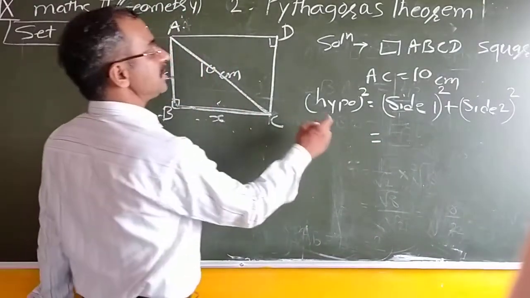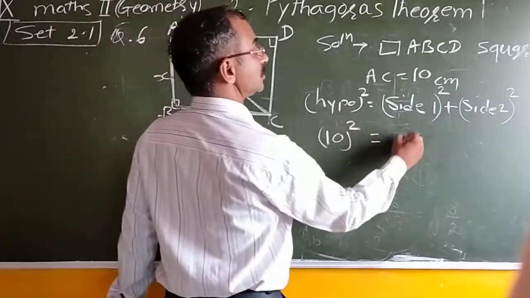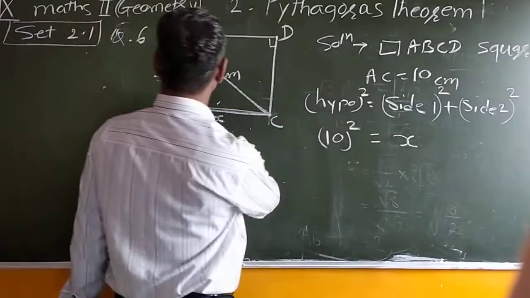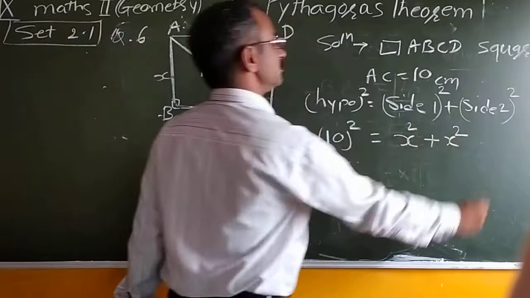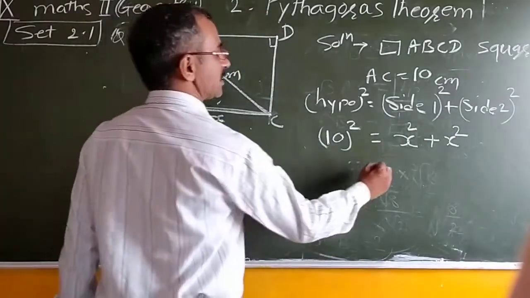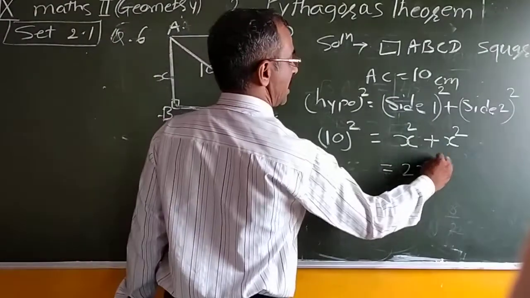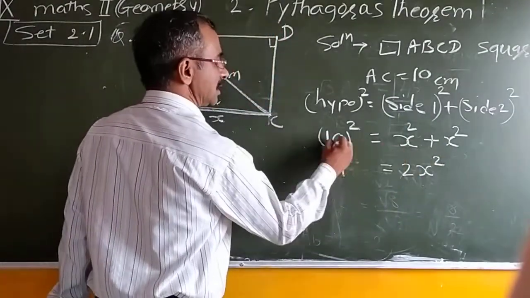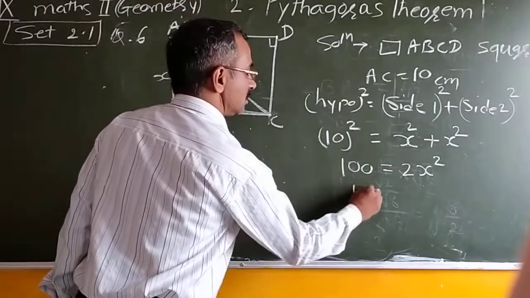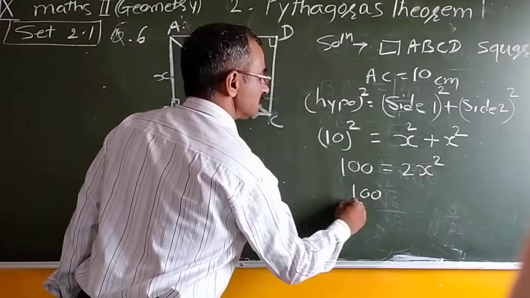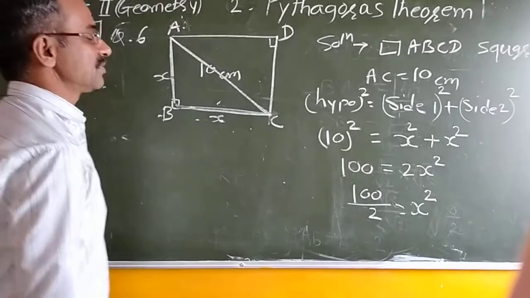Then hypotenuse square is 10 square, which is equal to x square plus x square, that is 2x square. 10 square is 100. The 2 on the right hand side gets divided, so 100 upon 2.